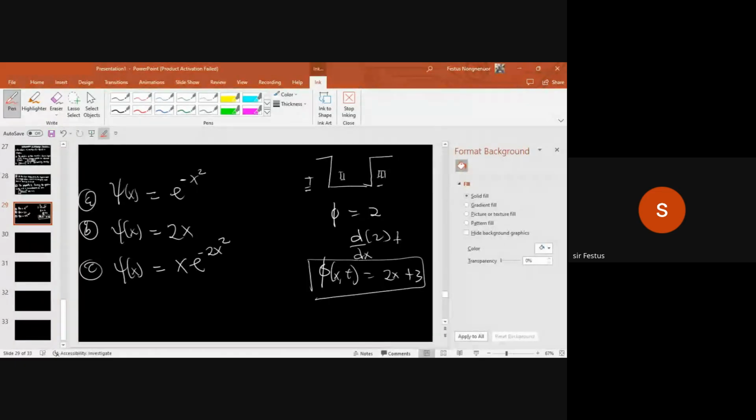And then the question is, which of these will you recommend as a possible eigenfunction? But you know what eigenfunctions are. So the first one, is it an eigenfunction or not? Or we don't know.